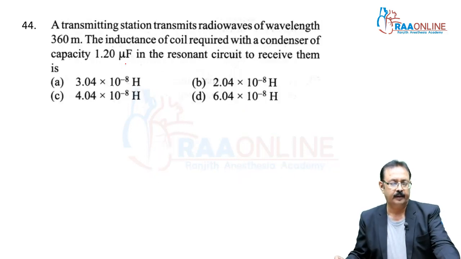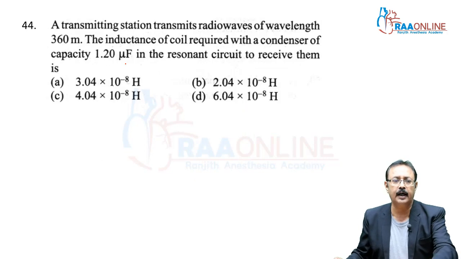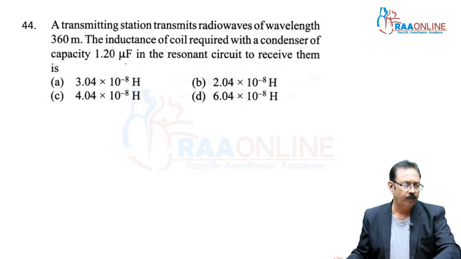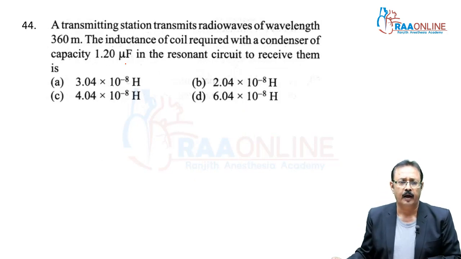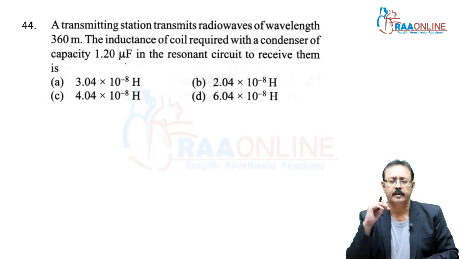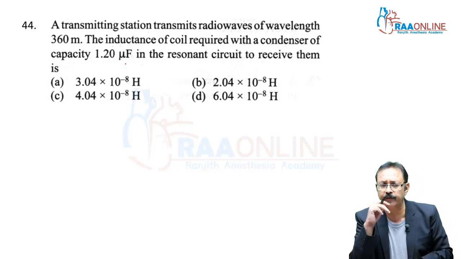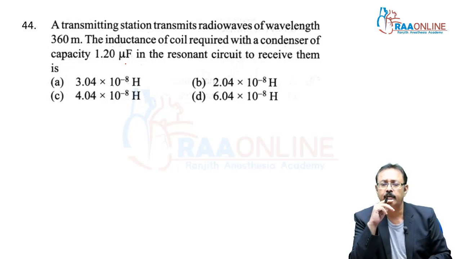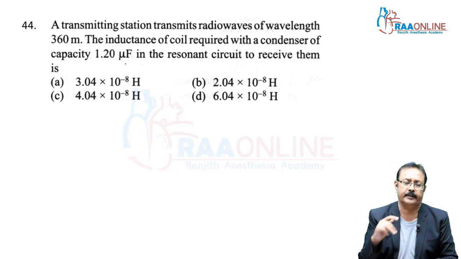Next. Now it is the second last problem, 44th. A transmitting station transmits radio waves of wavelength 360 meter. Wavelength is given, frequency is not given. We need the inductance of the coil required for a condenser for a resonant circuit.